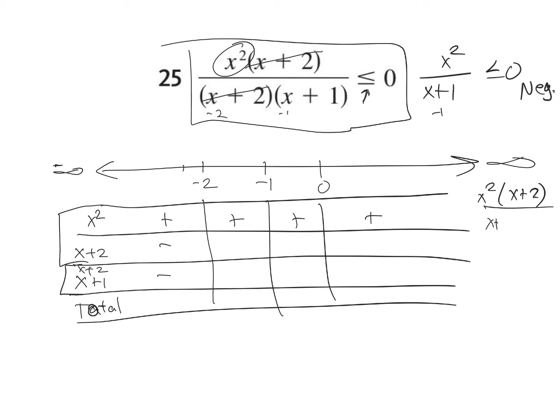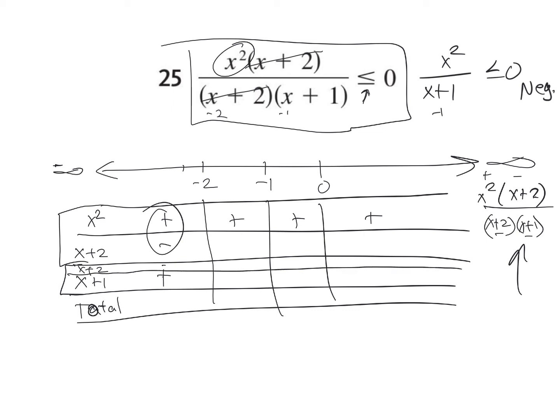Negative 3 squared is positive. Negative 3 plus 2 is negative. On the top, we get a negative, which is what we see right here. And then you have a negative 3 plus 1 is negative. So on the bottom, we would have a negative times a negative or positive if we keep this part in there. Okay?